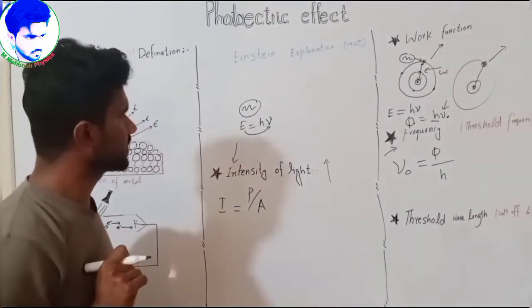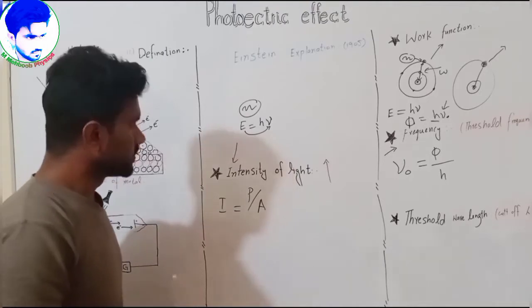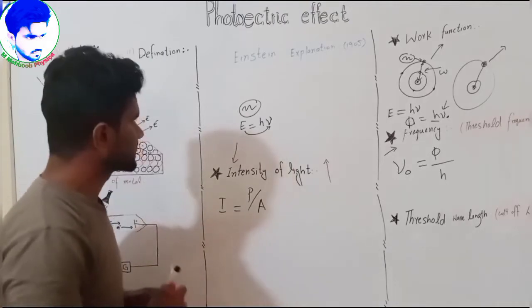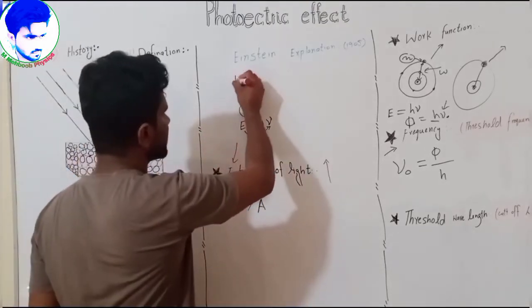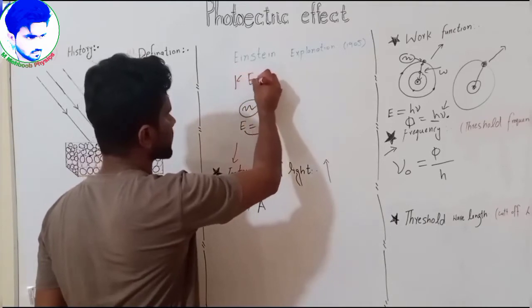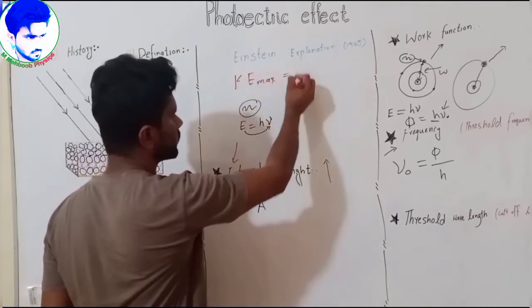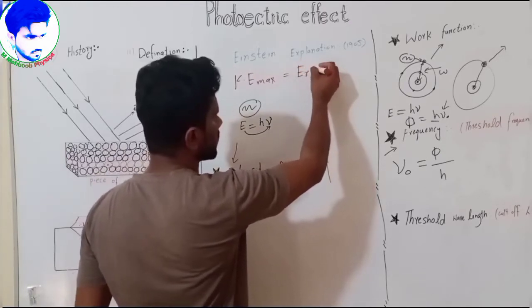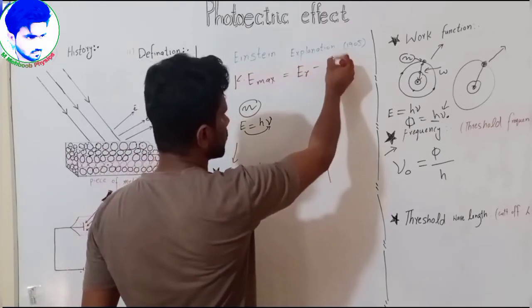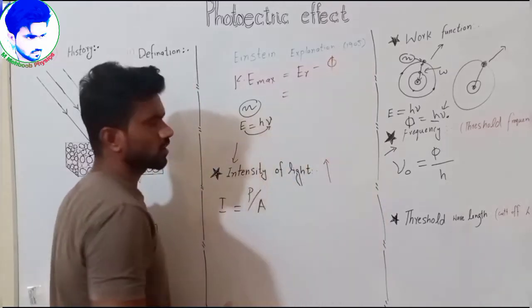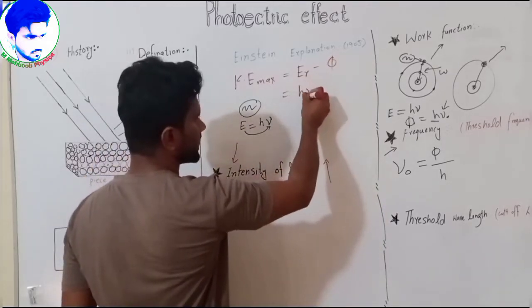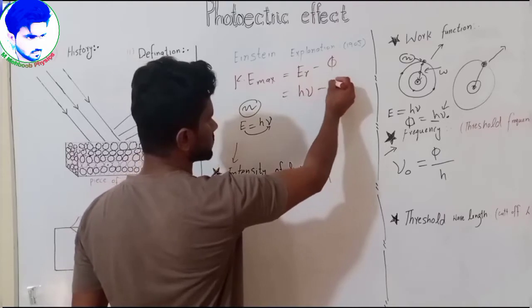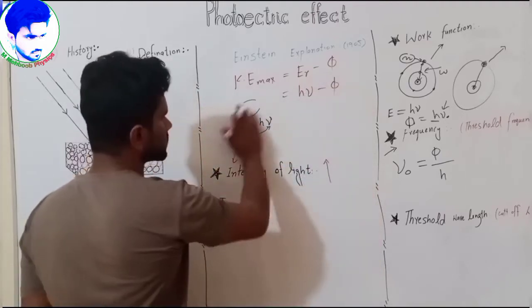In this way we can also write an equation that was given by Einstein, that the maximum kinetic energy of the photoelectron will be equal to the energy of the photon minus the work function, and the energy of the photon is h nu, minus phi, the work function.